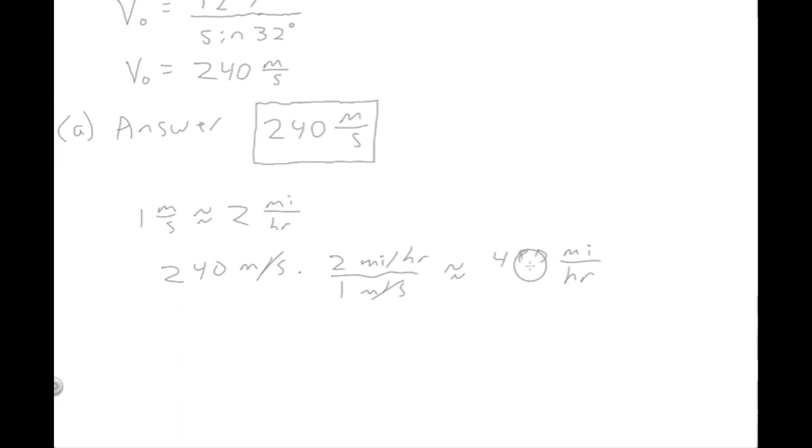Remember that the number of miles per hour is roughly double the number of meters per second. Well, that's a very fast speed, but that's okay because planes go fast. So it does seem reasonable that a plane could travel at 480 miles per hour.